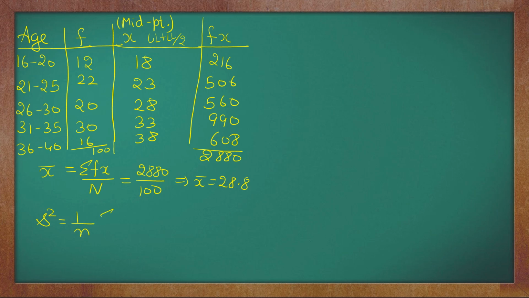Okay, now let's go for the sample variance. The formula I have already discussed: f xi minus x bar whole square. Do you have n? Yes. Do we have frequency? Yes. Do we have xi minus x bar? No. So let's calculate xi minus x bar.